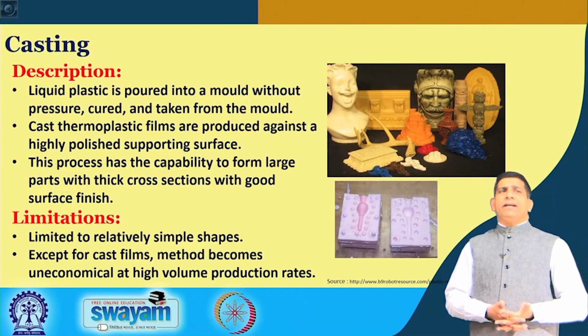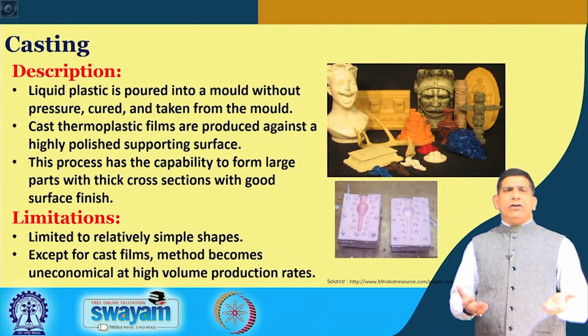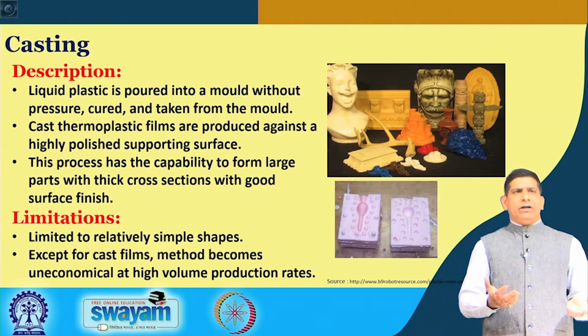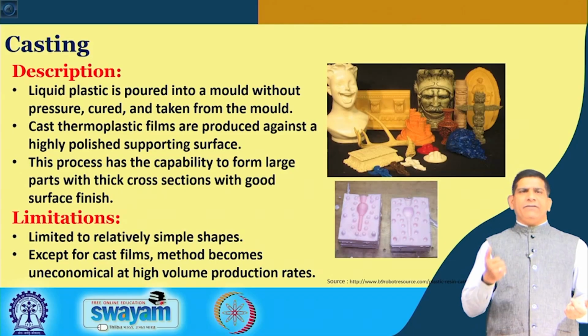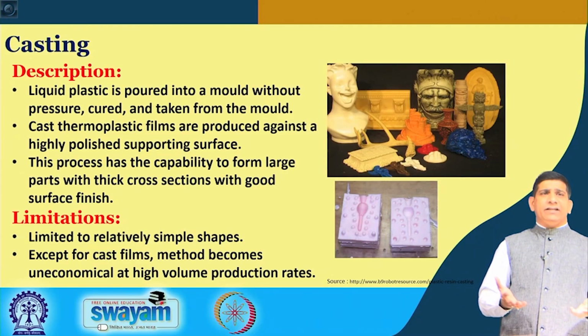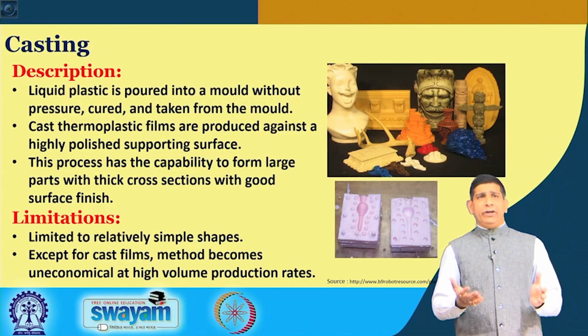Casting, which we use for many of our production, we do it for plastic, even for clay, we do it for metals. Casting is very common, a very old way of doing things.